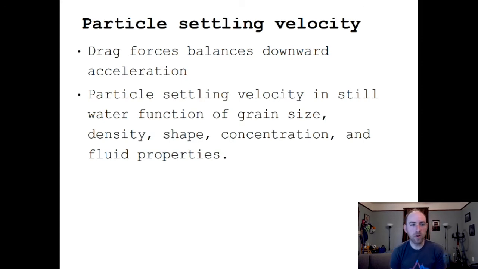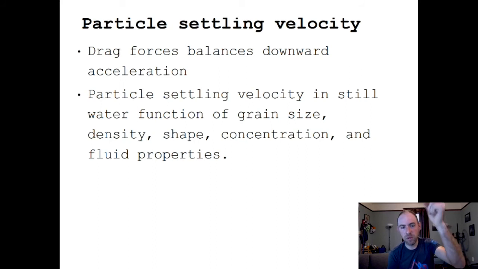In a still water system, you can think about dropping a cobble versus dropping a grain of sand versus dropping a grain of silt into a graduated cylinder, right? The cobble is going to move much faster. The sand will move slower. The silt will move even slower, right? Particle settling velocity is a function of the grain size, the density, right?